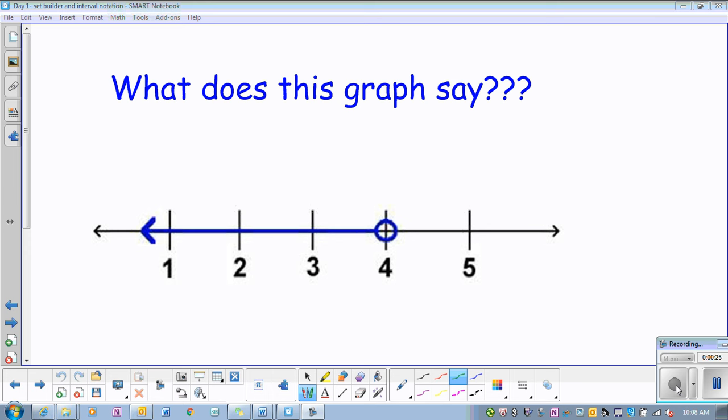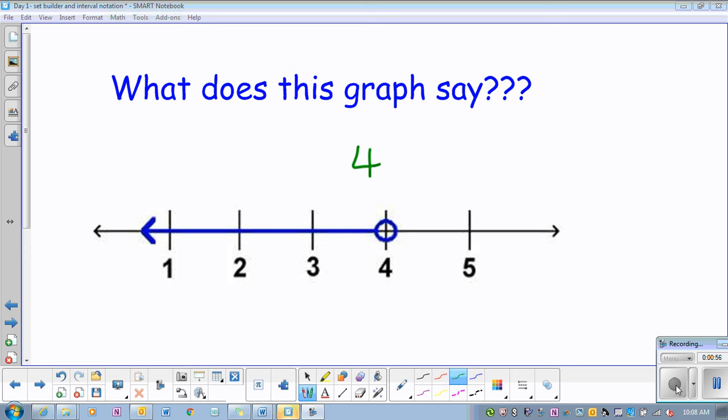Here's the easiest way to read a graph like this. Start with the number where the circle is. What is it? 4. Right? And then if you look, your arrow's going to the left, so that means the numbers are getting smaller, and so that means it's less than, right?